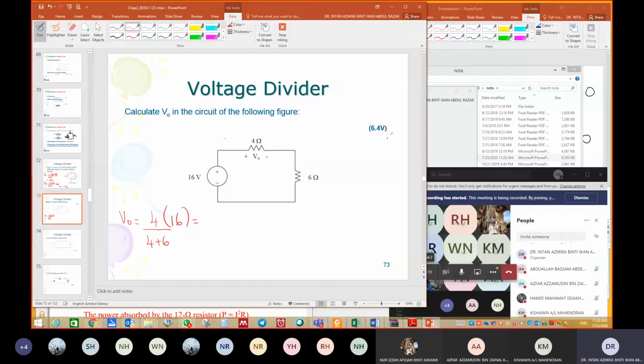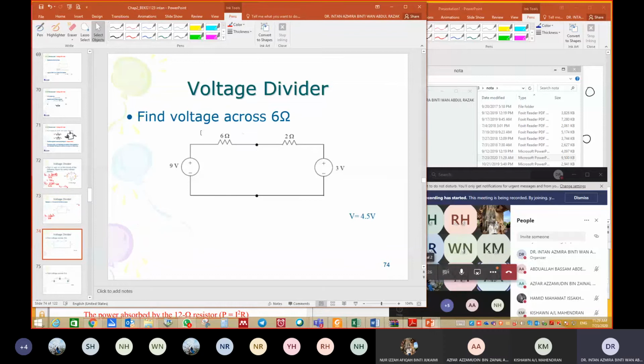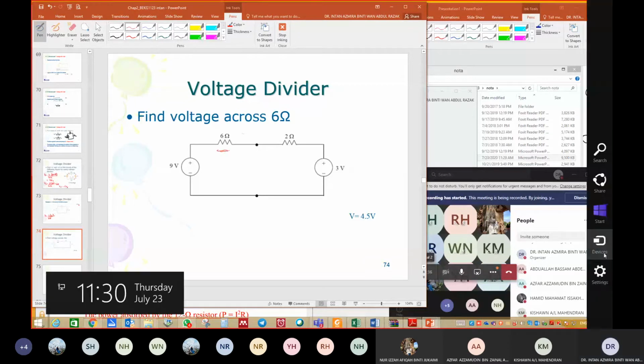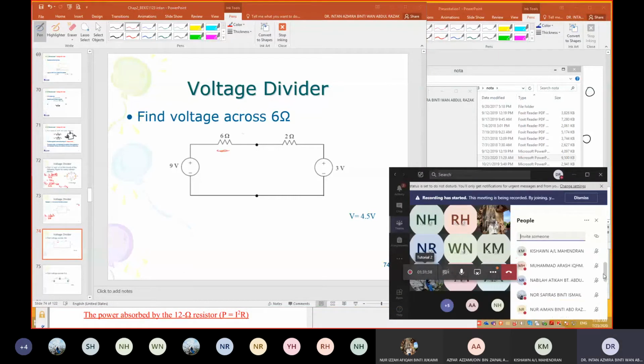Did you get 6.4 volts? Yes. Okay, good. Next, V of 6 ohm. V of 6 ohm is here. So now, who's next?